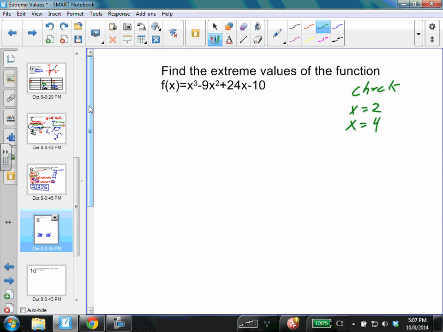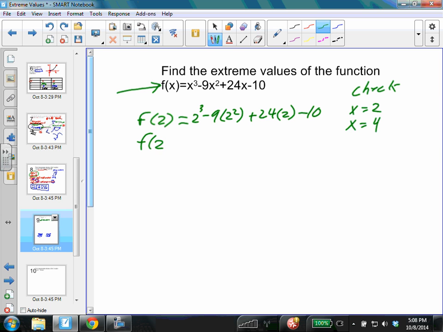So remember, I'm going back to the original equation, because if I want to know about y values, the original equation is the place to be, right? So I'm going to go back to the original equation, and I'm going to ask it about when x equals 2. So if you have your calculator again and you want to plug in, we're just going to do 2 cubed minus 9 times 2 squared plus 24 times 2 minus 10.